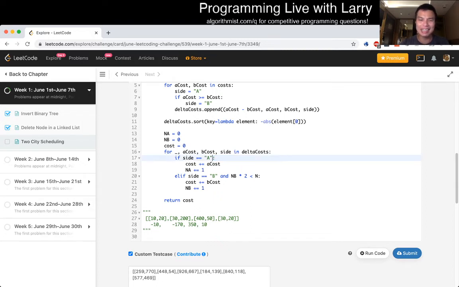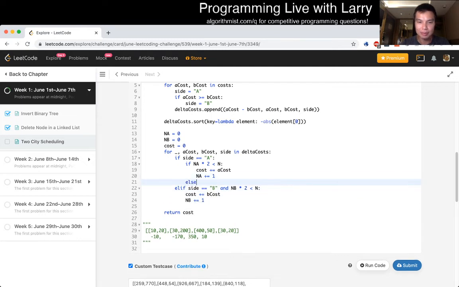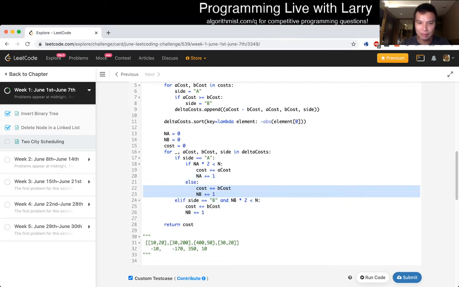But let's actually get it right first, and then we'll think about the redundancy later. So let's just do this, and then similarly, this will be true now.